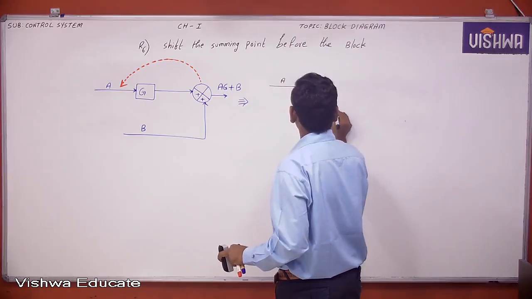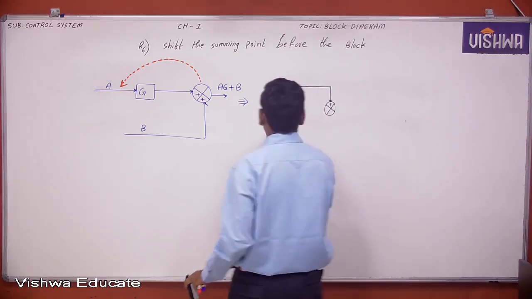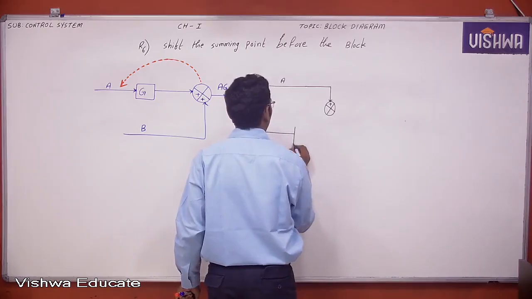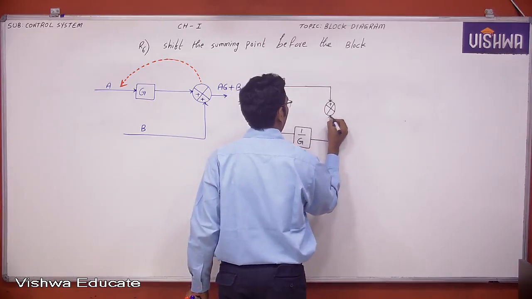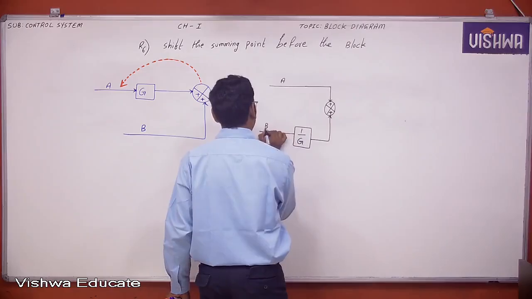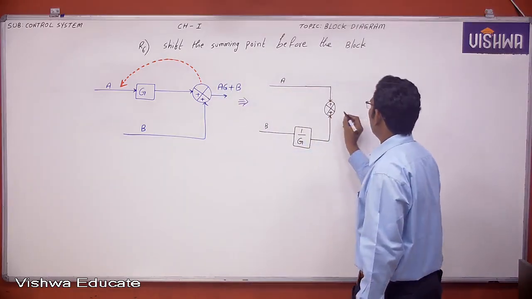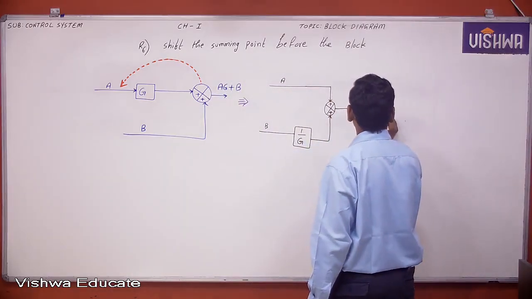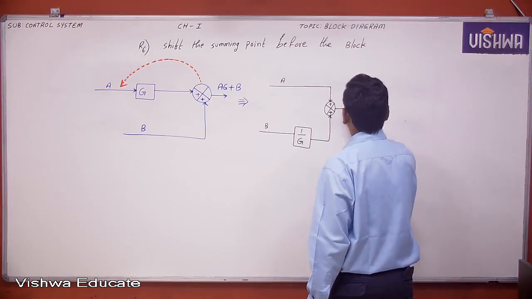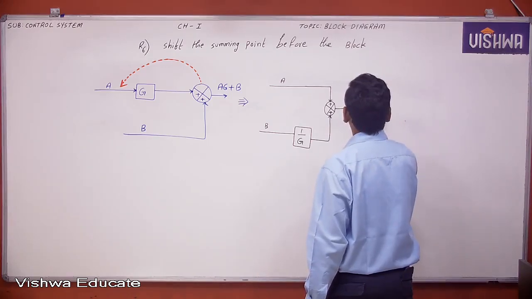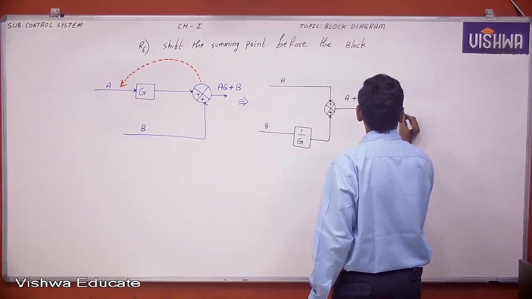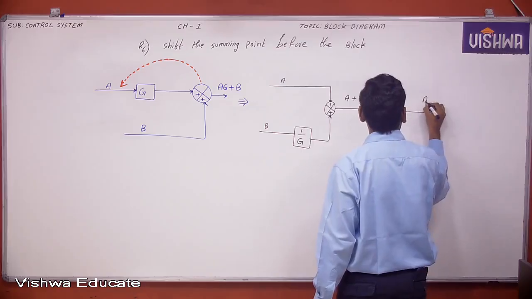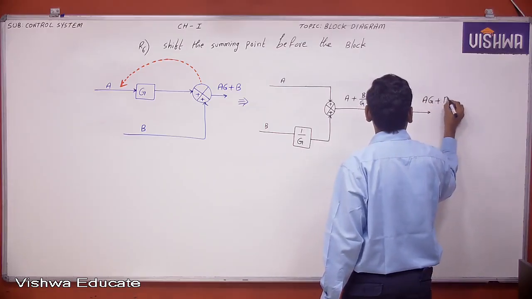Now first one is summing point now, because now this path will lose the gain and this path will add the gain. Now first one is summing point, because now the summing point is before the block. Yes. Now you want to shift the summing point before the block. Now these are the changes taking place.